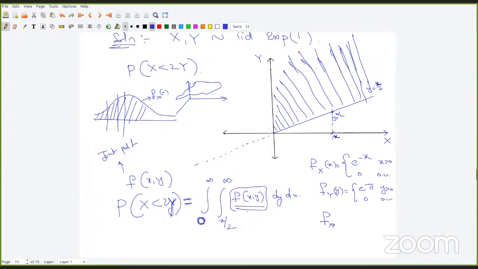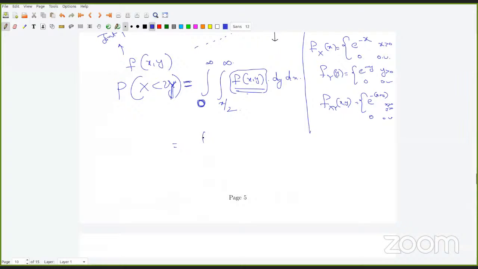So the joint PDF f(x, y) is e to the power minus (x plus y) when x is greater than 0 and y is greater than 0, and 0 otherwise.